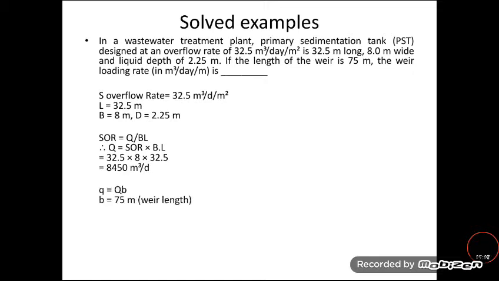Then the weir loading rate is given as Q divided by the weir length, which is 75 meter. By substituting these values, we find the weir loading rate as 112.67 meter cube per day per meter.